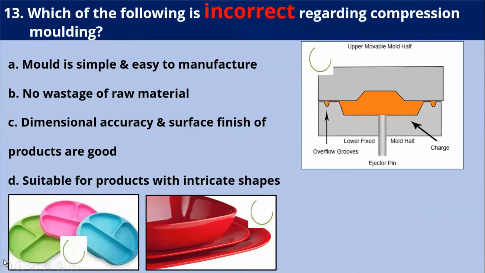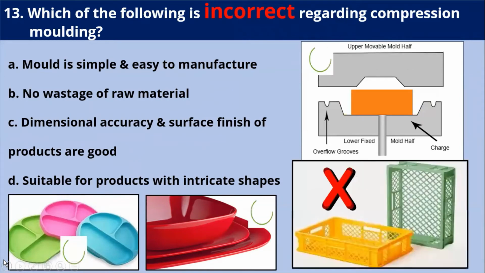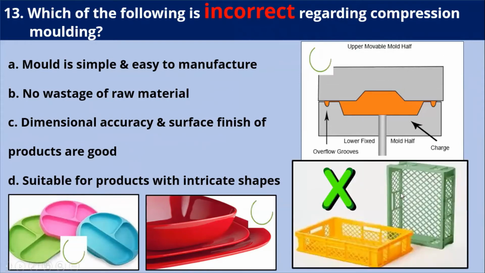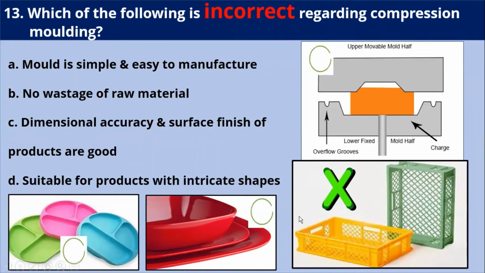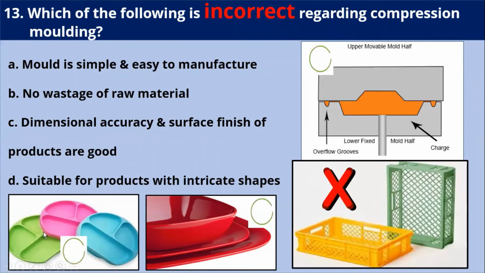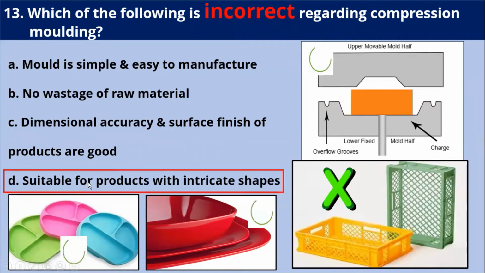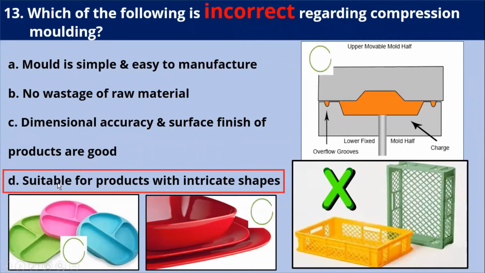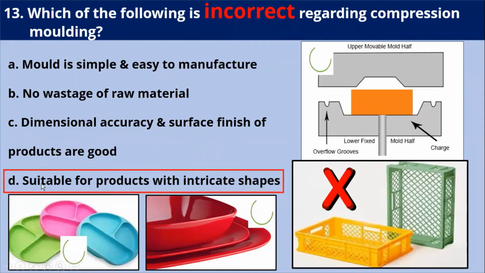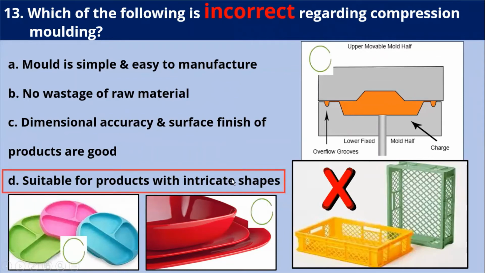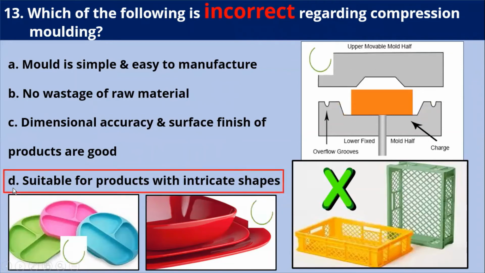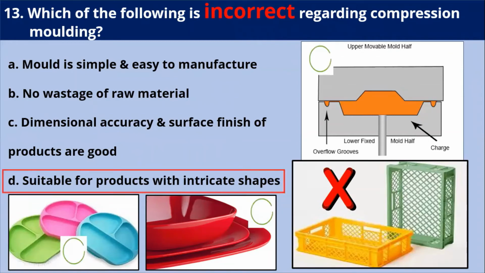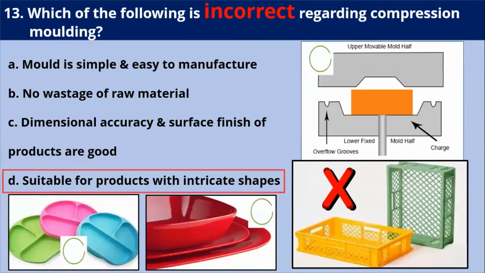But if you want to make intricate shapes, it is not possible in compression molding, and that's why our answer is that in compression molding the intricate shapes are not possible. And that's why our answer is D, which is an incorrect statement for compression molding.